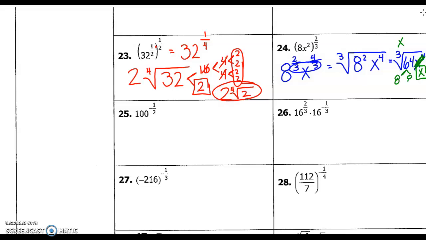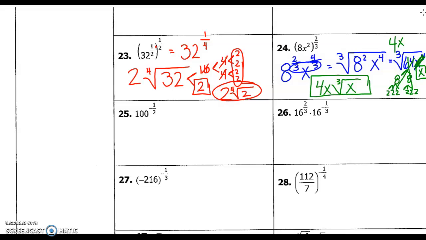I can go 8 and 8, and then I know my 8s would go 2 and 2. Oh, what was I thinking? The cube root of 64 is 4, right? The cube root of 64 is 4. I should have checked that first. So then I have 4x on the outside, cube root of inside, I had no number left. I just have x.